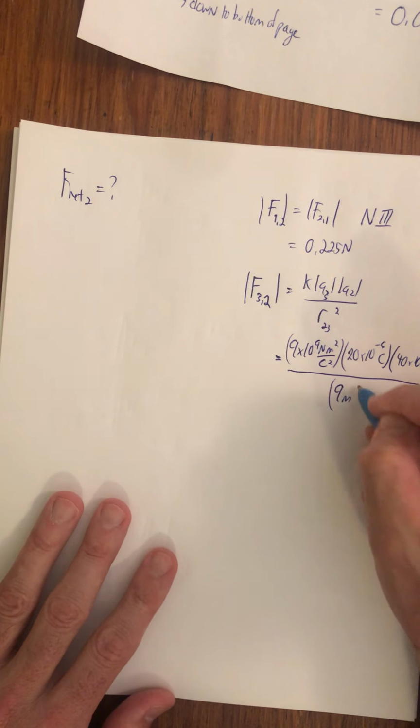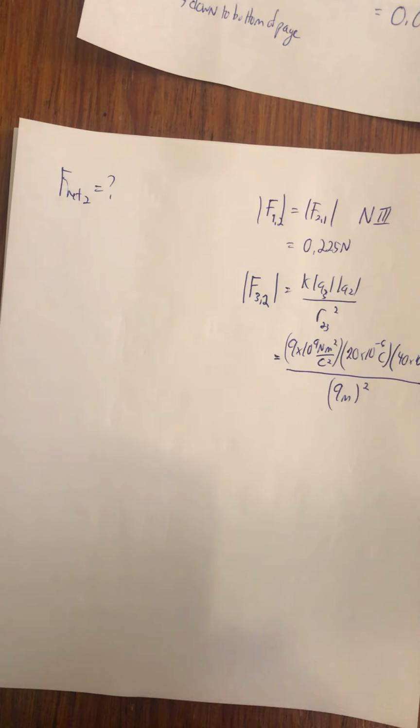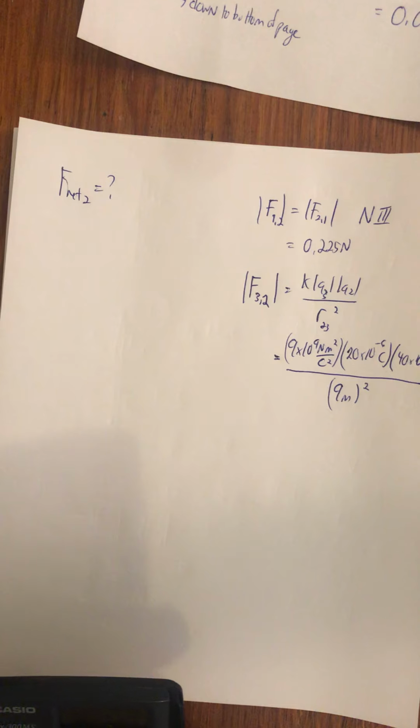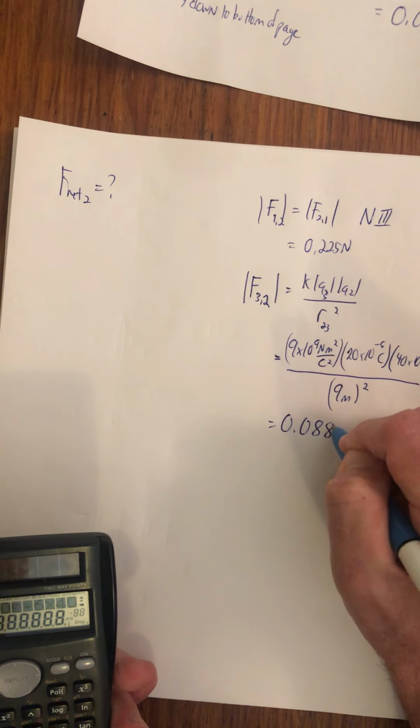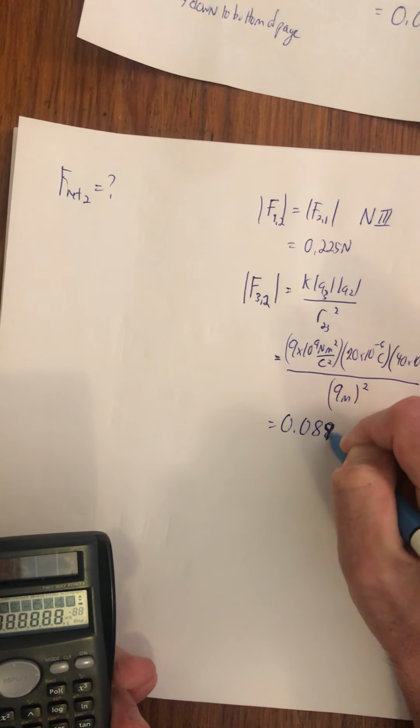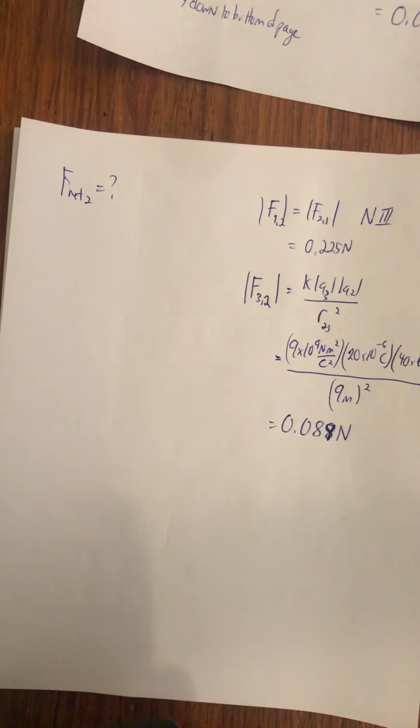They're actually 9 meters apart. So 9 exponent 9 times 20 exponent negative 6, times 40 exponent negative 6 divided by 9 squared is equal to, not a neat number like some of the others. Actually, we'll just go out to the thousandths place there, and we will round it to 0.089, even though it's 0.88 repeating. Okay, cool.